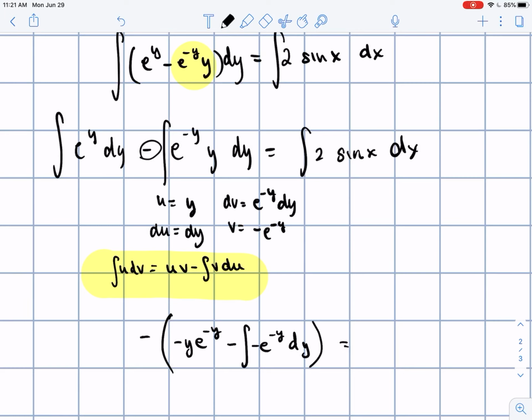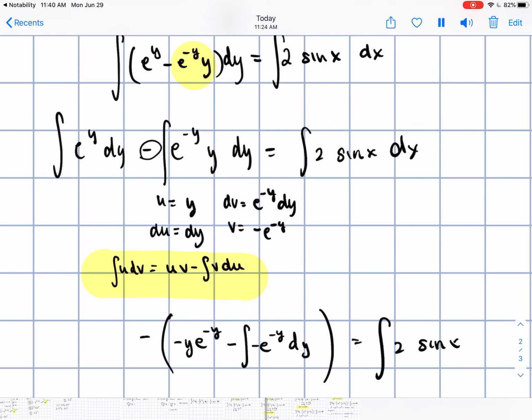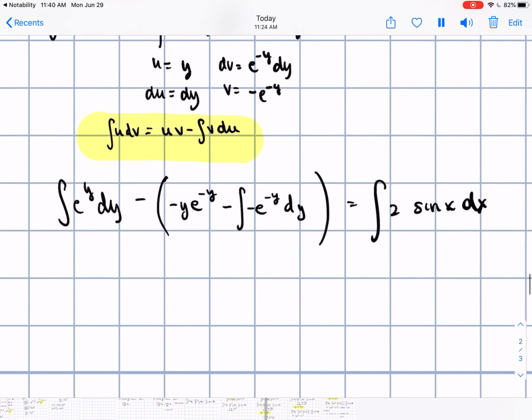And then I'm going to bring down everything. And now we could go through the problem.